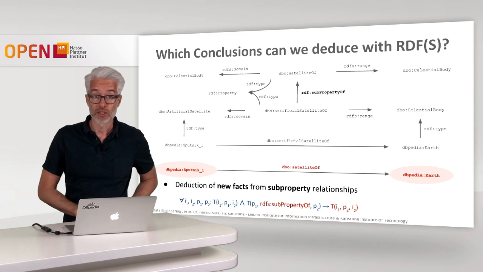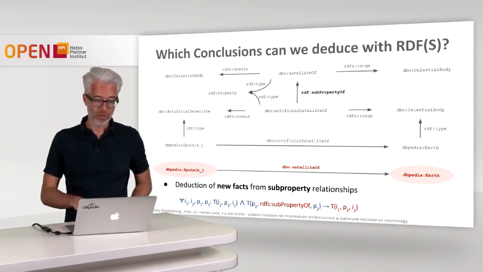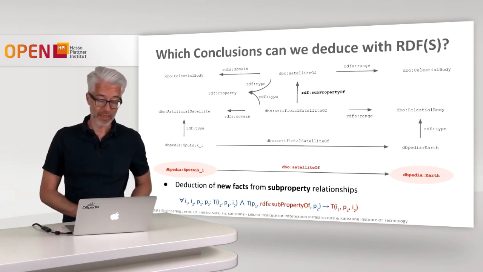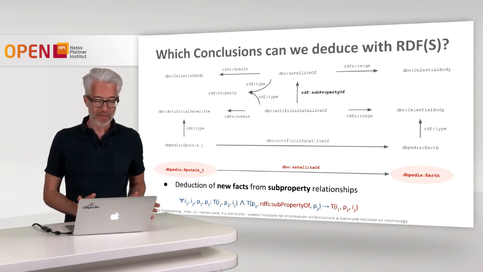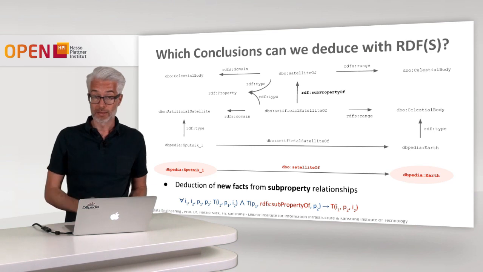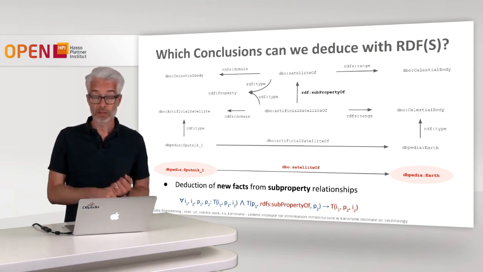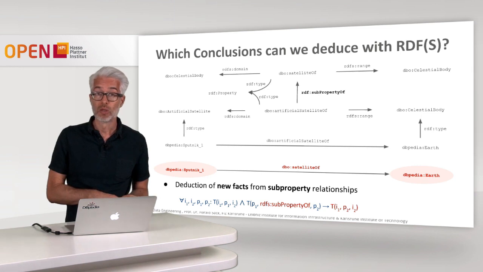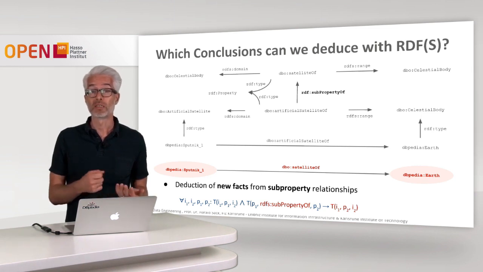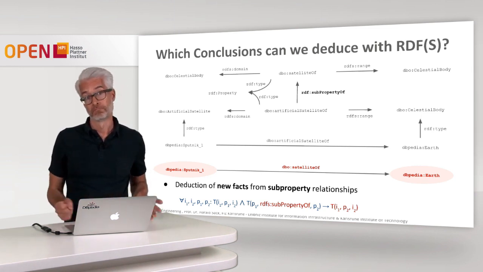The formal representation of that again would be: for all instances I sub 1 and I sub 2 and all properties P sub 1 and P sub 2, it holds the following, that if two instances I sub 1 and I sub 2 are connected via a property P1 and P1 is a sub-property of P2, it holds that also I sub 1 must be connected to I sub 2 via the more general property P sub 2.